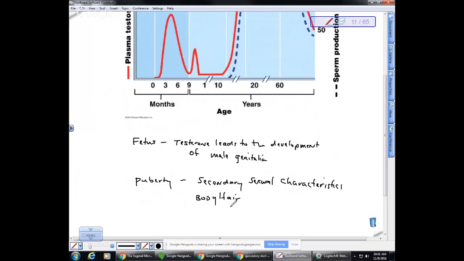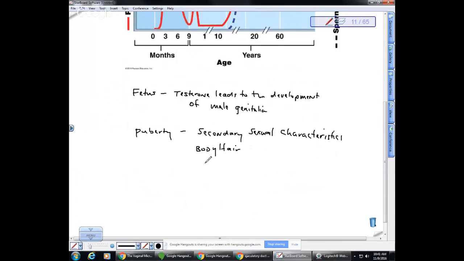We also get facial hair, and then we get an increase in bone and muscle mass. So testosterone is anabolic. It tends to produce tissues. So it's an anabolic steroid.